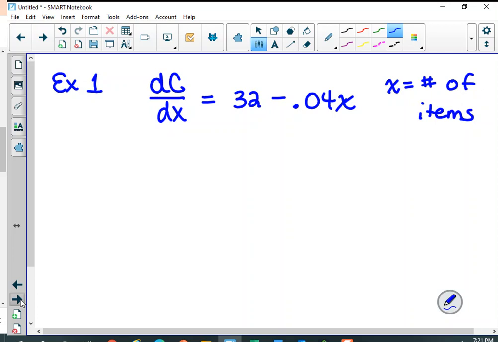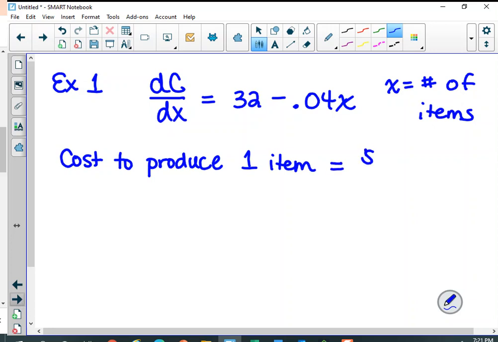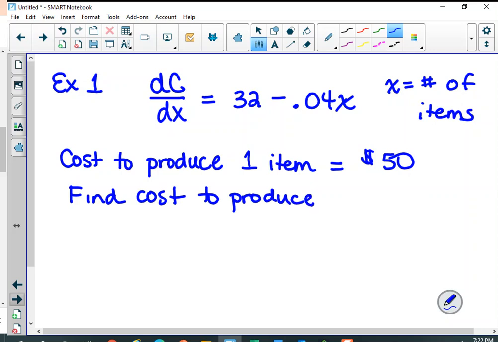And let's say we also know the cost to produce one item is $50. Find the cost to produce 200. Now, here's the interesting thing.